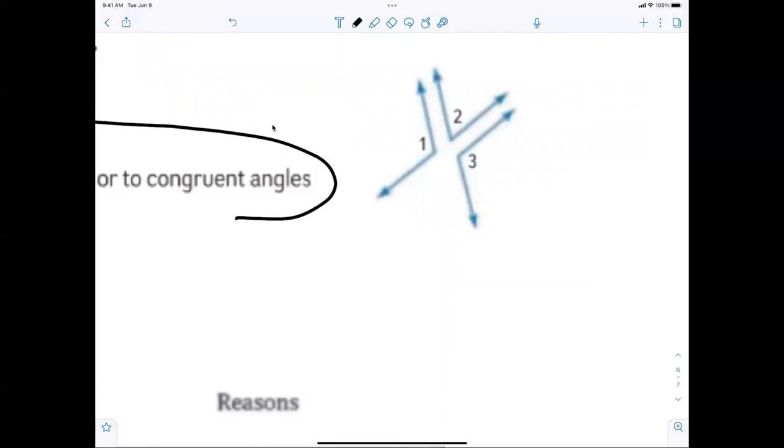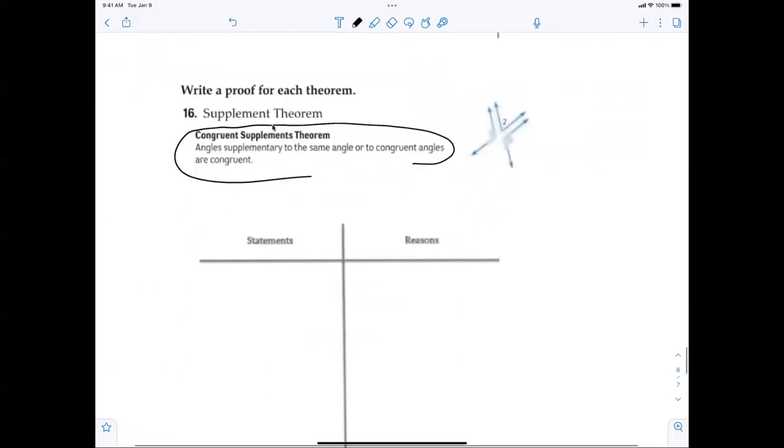Angle 1 is supplementary to what? And also angle 3 is supplementary to angle what? 2. Therefore, what's true? 1 and 3 are congruent, correct? So that's what we're trying to prove.